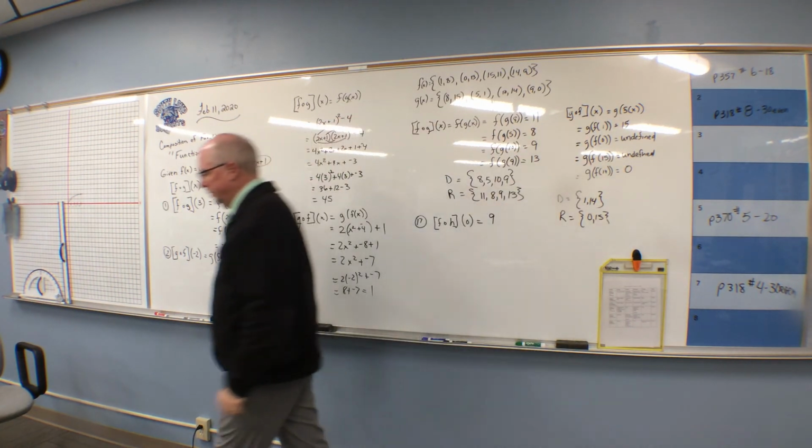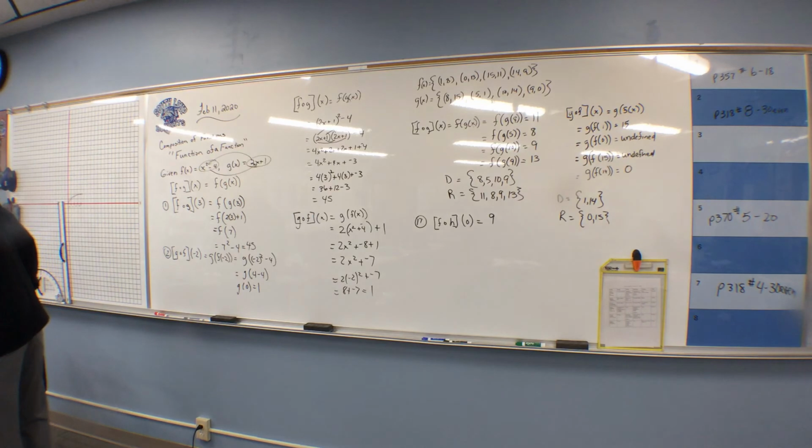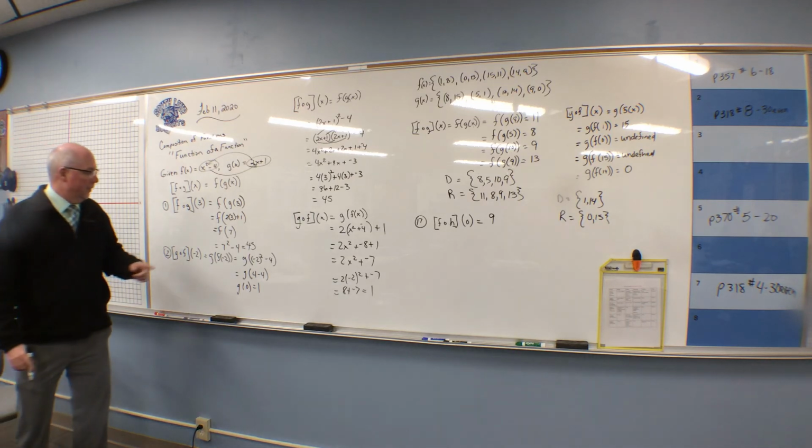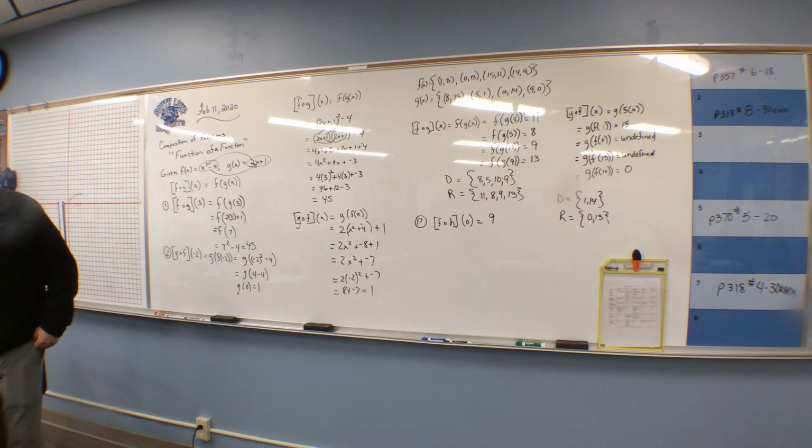Okay. Turn the page. On the next page, 34 through 42, find f of g of x and g of f of x if they exist, state the domain and the range for each composed function. The domain and the range, if it's defined, will be all real numbers, so you do not have to do that.